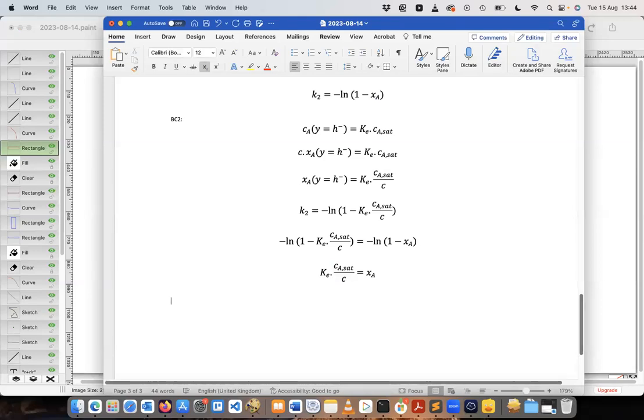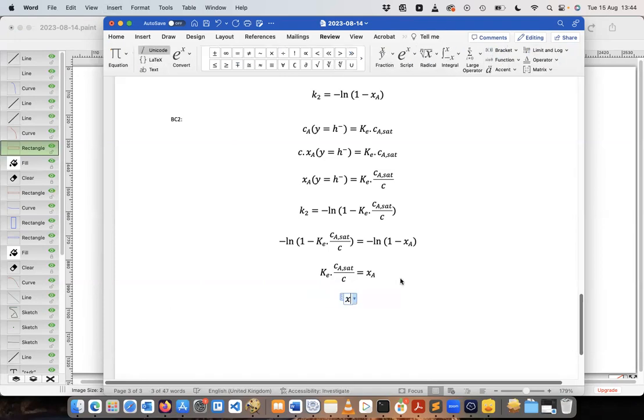So what we want to say is that the total mole fraction, let's write it like this, XA bar, right? So XA bar is equal to 0.01. And XA bar, we are going to say is the average mole fraction across the whole space.